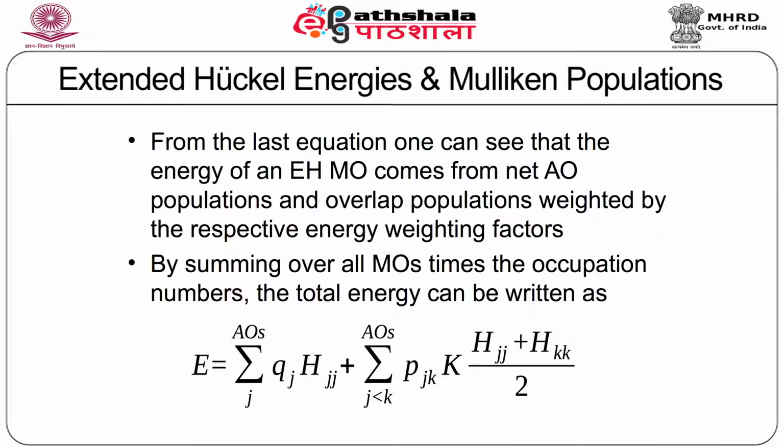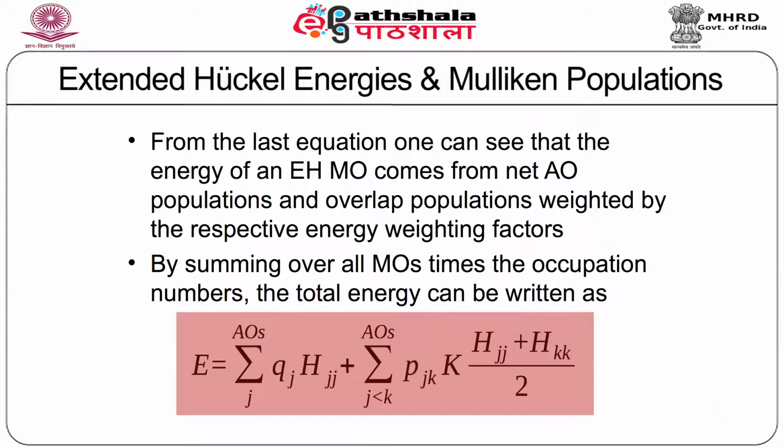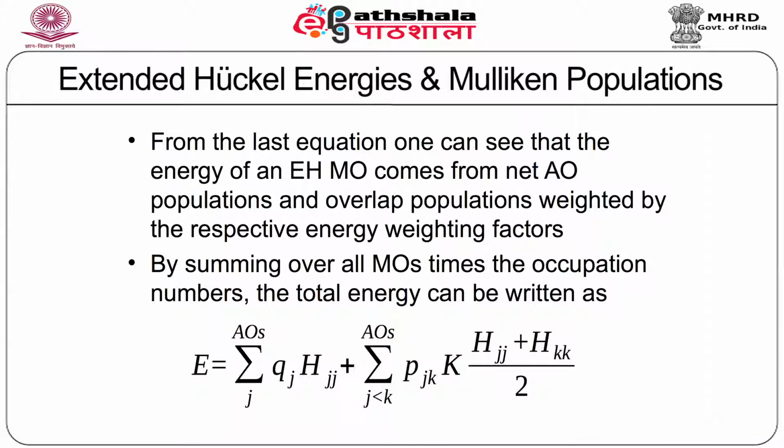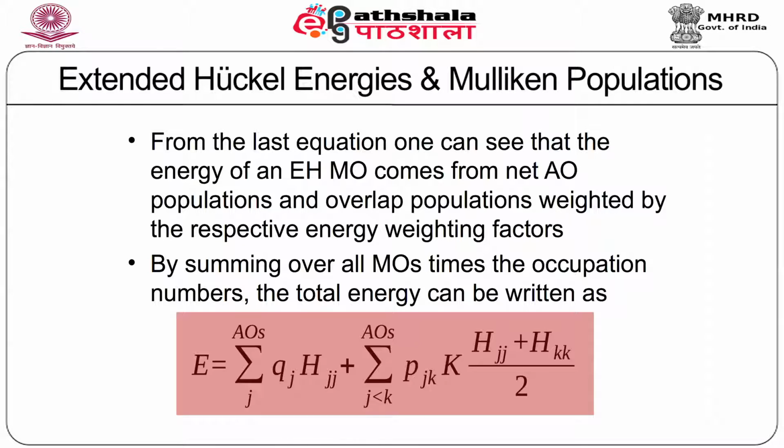By summing over all molecular orbitals times the occupation numbers, the total energy can be written as E equals the sum over j, running over all atomic orbitals, of q_j H_jj plus the sum over j less than k, with j and k running over all the atomic orbitals, of p_jk K (H_jj plus H_kk) divided by 2.